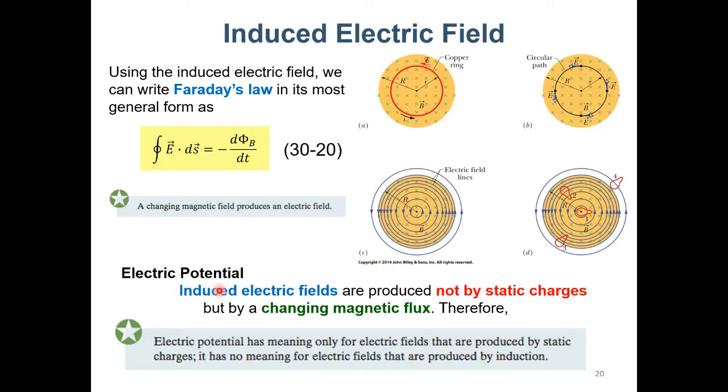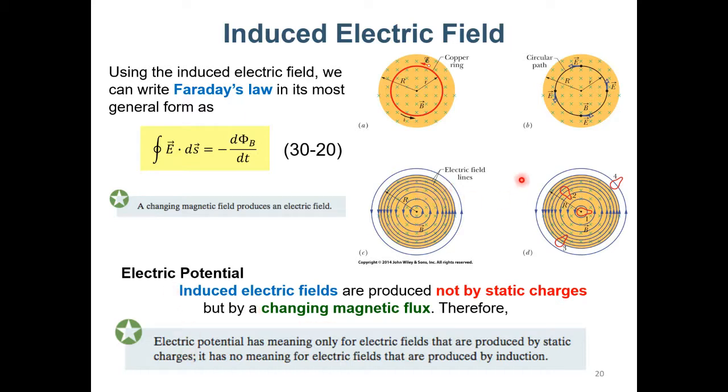And here it is mentioned that induced E fields are produced not by static charges, but by a changing magnetic flux. So if the B field there is static, then there is no induced electric field.